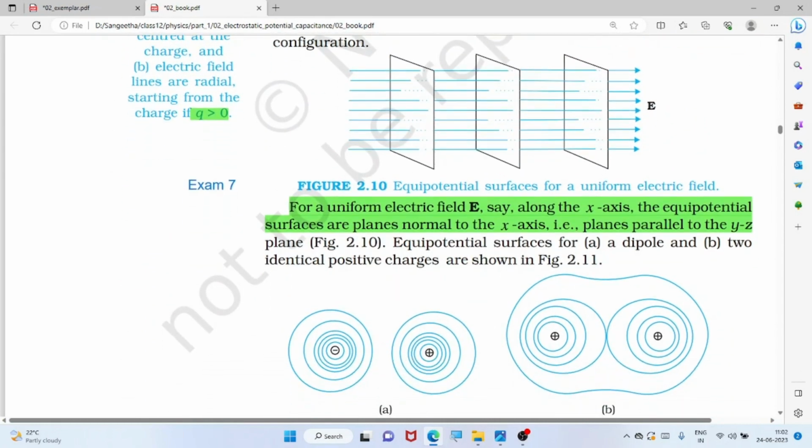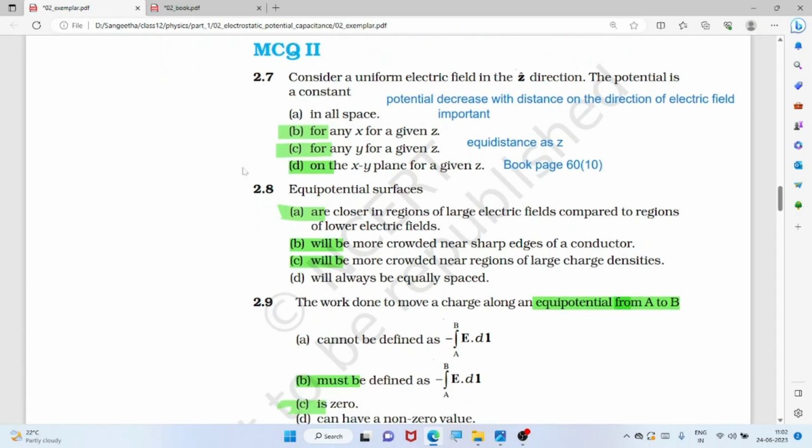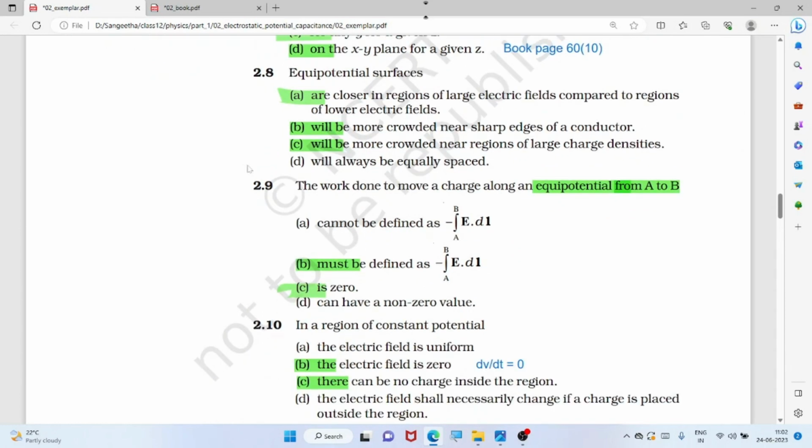For a uniform electric field, say along the x-axis, the equipotential surfaces are the other two planes, at the same distance. The same thing applies when it is along the z direction, so the xy planes will be equipotential for a given z. Equipotential surfaces are closer in the regions of large electric field, more crowded. Okay, these things all are true.